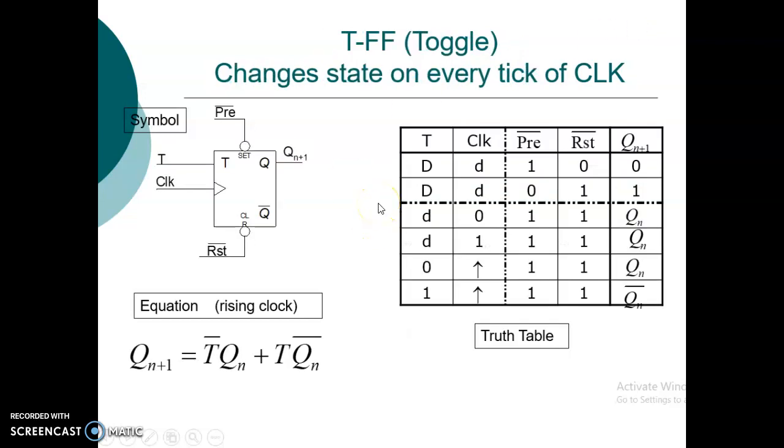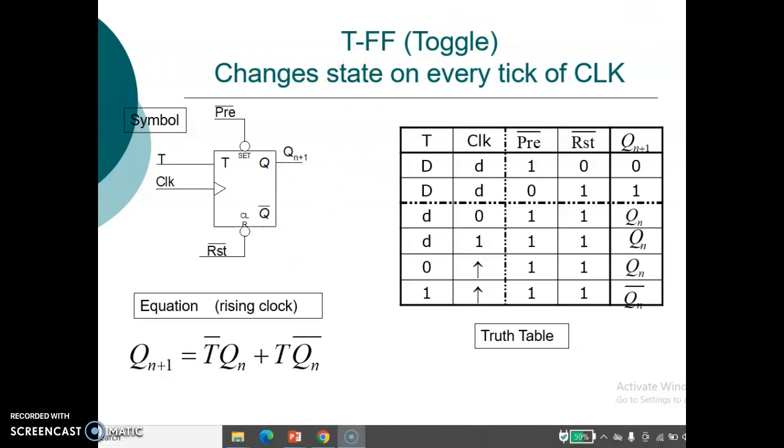T flip flop, toggle: change state on every tick of clock. Change state on every tick of clock. Symbol: T flip flop data here, then clock same like D flip flop, and then preset for set.